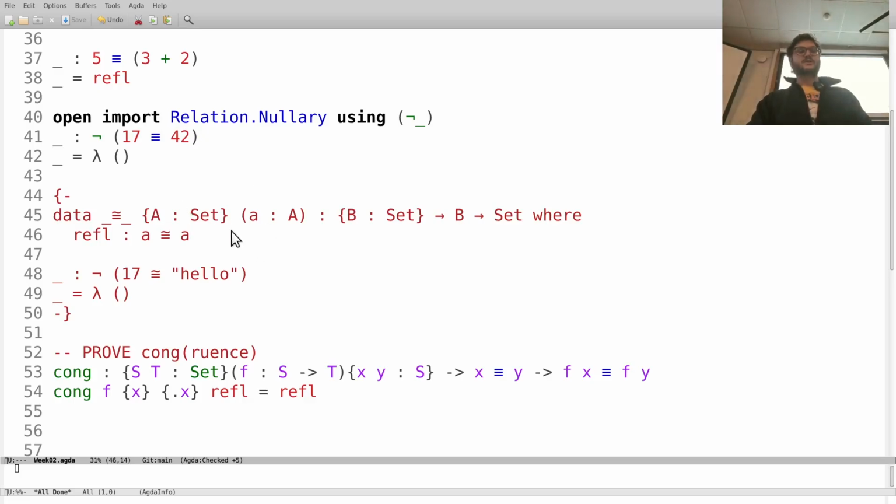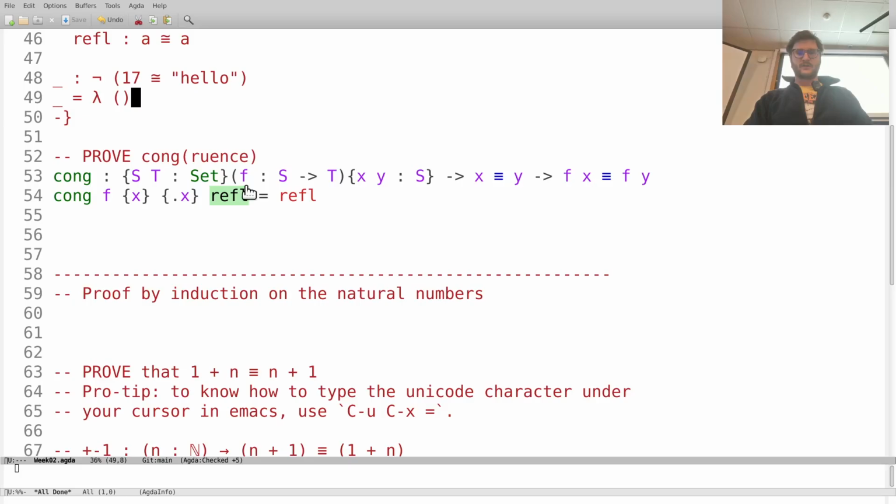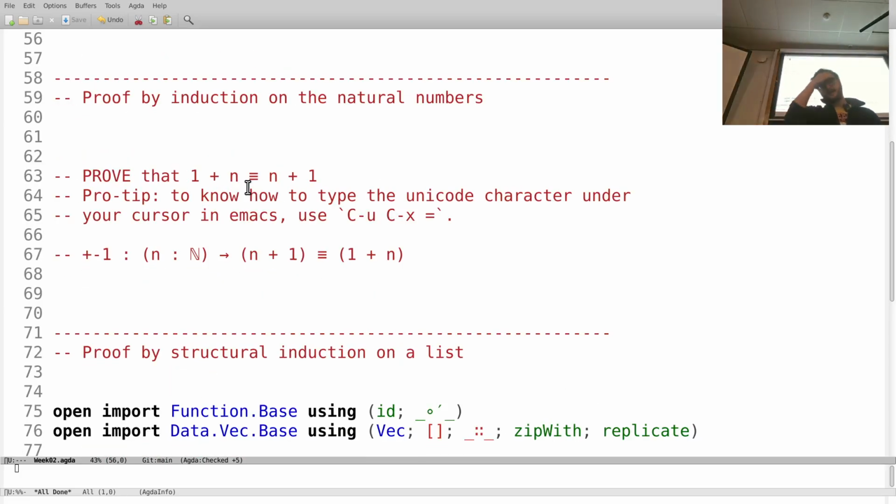But you can always discuss your assumptions and try to relax them, for instance. And then we saw that there were some weird things. So this couldn't be proven, for instance. And finally, we saw congruence. So now I think the idea is to start proving some equalities on some defined symbols.